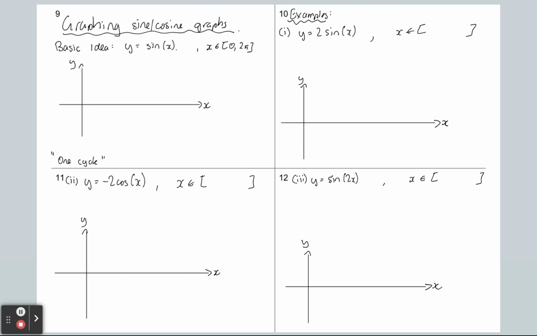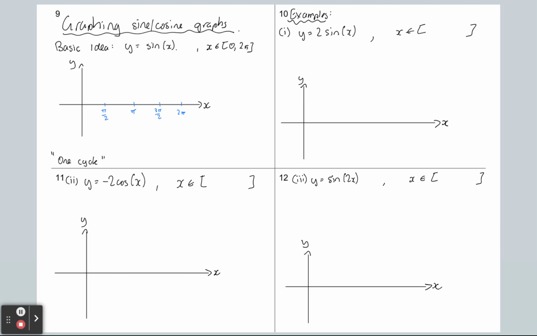And we will divide it off like so. 2 pi, and then we'll take half the distance between the y-axis and 2 pi, and we'll go pi. And then we will take half the distance again between each one. So that's pi on 2. And between these two is 3 pi on 2. So I've got all my little divisions here.